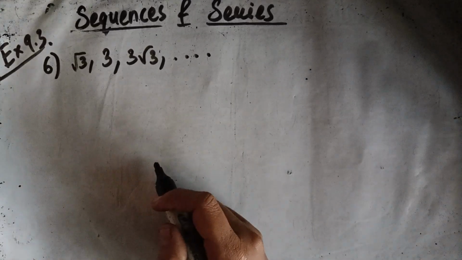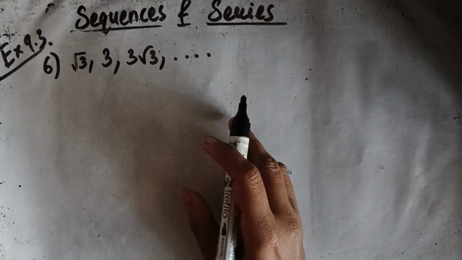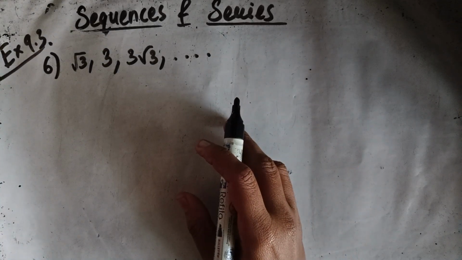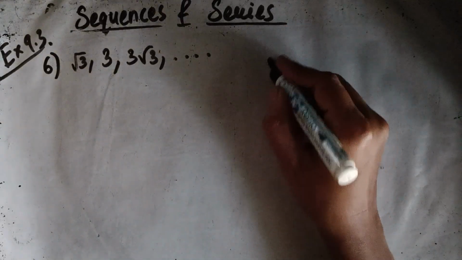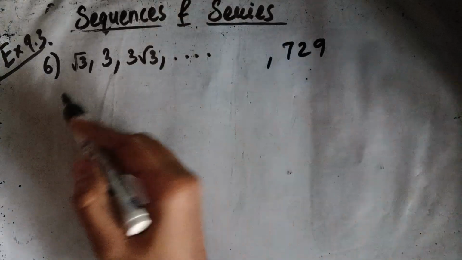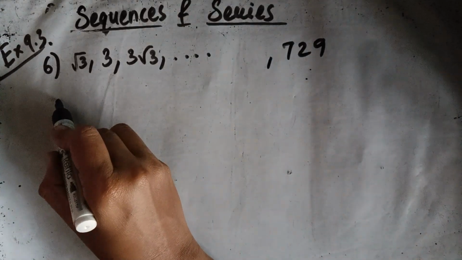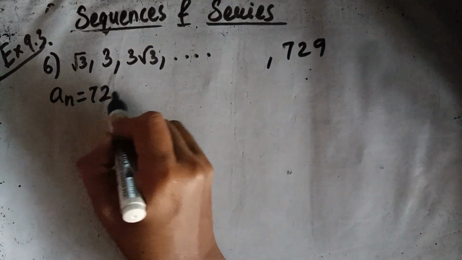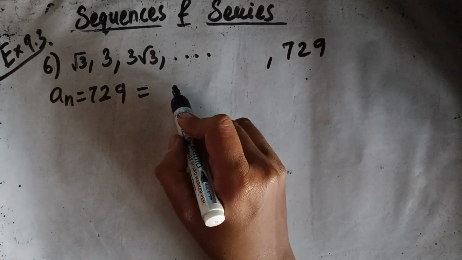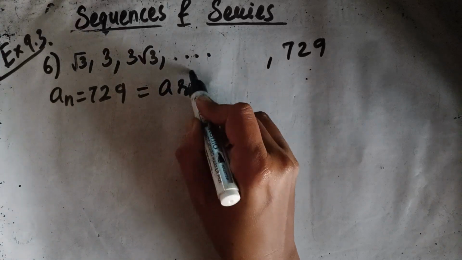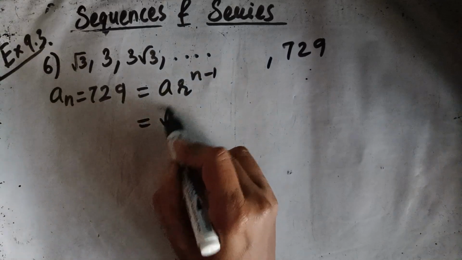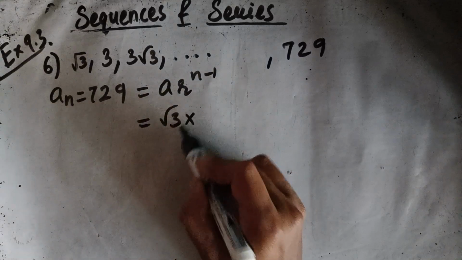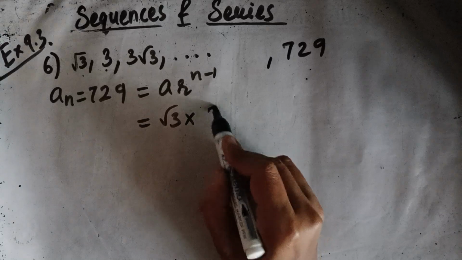Next question. The sequence is given. So we have to find which term is 729. So An is 729, the first term is root 3, and r is 3 upon root 3.